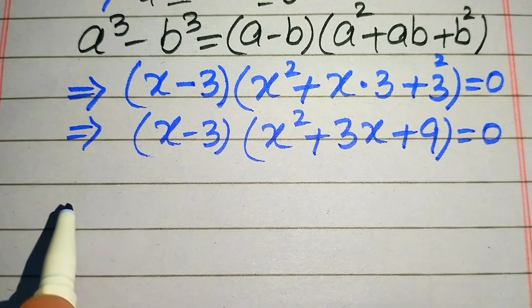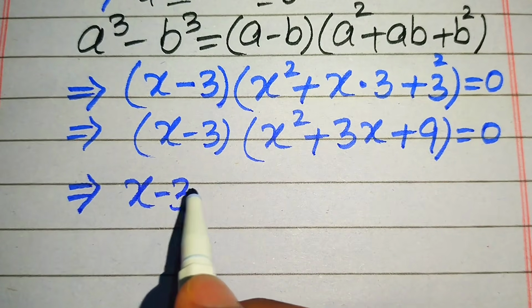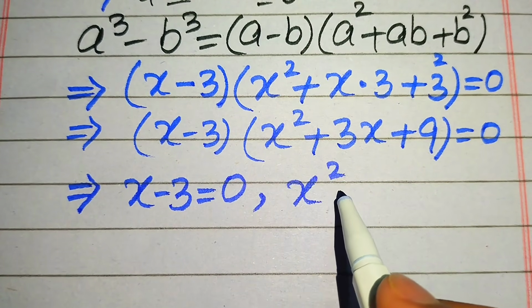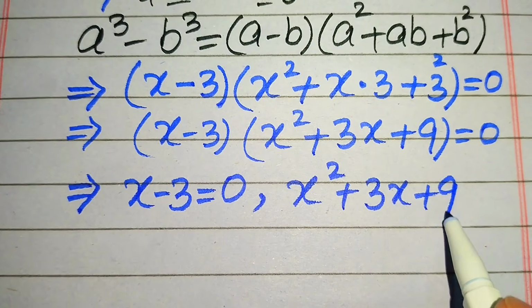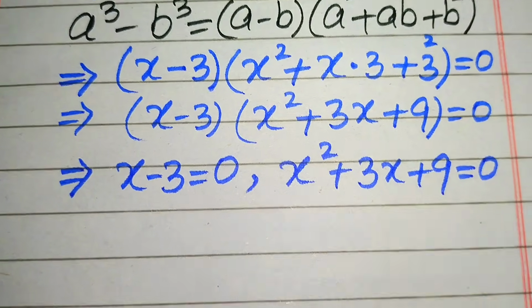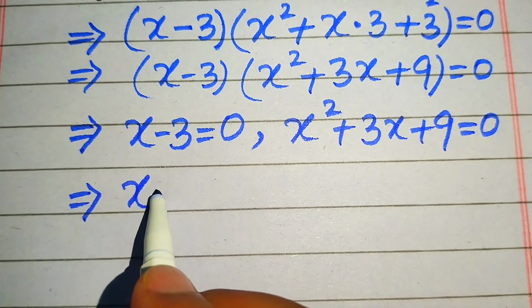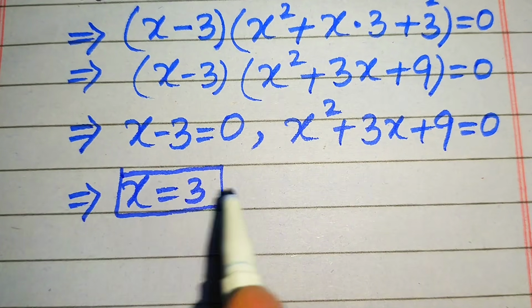Now we divide this equation into two cases. The first case is x minus 3 equals 0, and the second case is x square plus 3x plus 9 equals 0. From the first, we move the term minus 3 to the right hand side, and we get x equals plus 3.